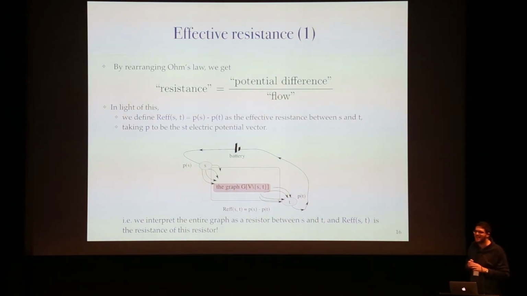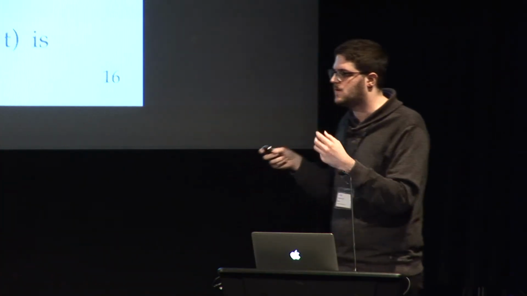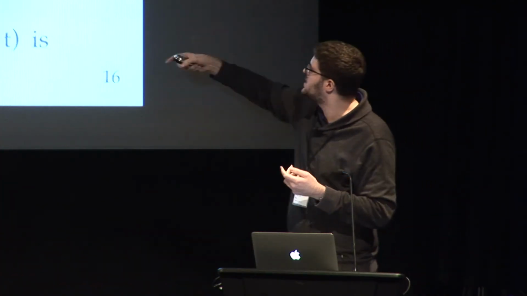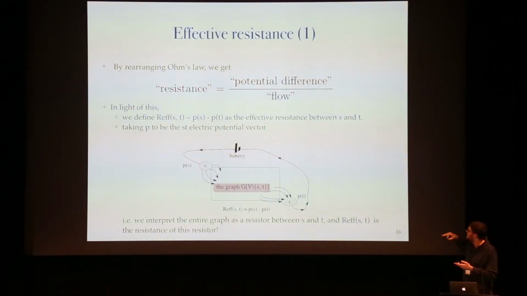So the idea of effective resistance is that we're carrying this analogy further. We have a circuit, and now we're saying this entire graph is just a resistor between the vertices S and T. By rearranging Ohm's law, I can say that resistance is just the ratio of potential difference and flow. So I'm routing 1 unit of electric flow from S to T, and I'm measuring the potential difference, and I'm calling that the effective resistance.